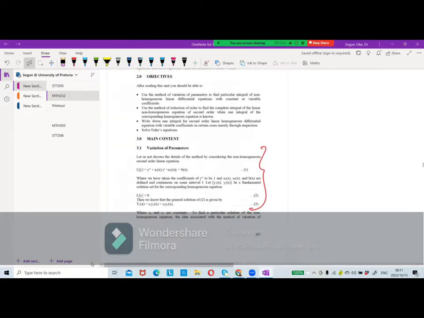Look at this model for variation of parameters. Let me just write this model out.